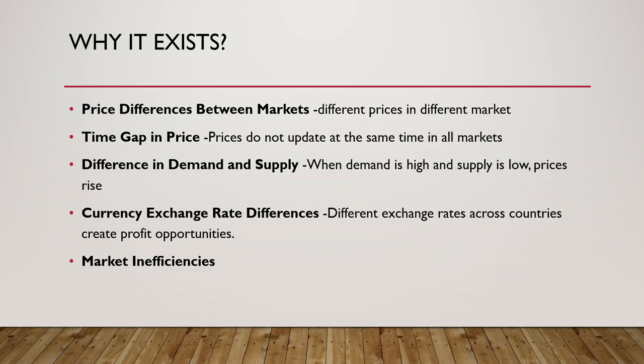Third is difference in demand and supply. When demand is high, prices rise. When demand is very high and supply is low, prices are always high. Let's take a hypothetical example: in city A, the smartphone has a price of 30,000 due to the high demand.